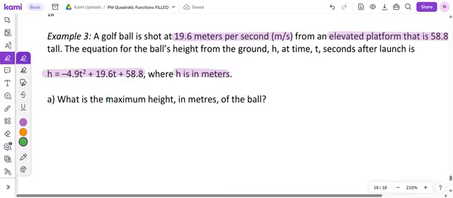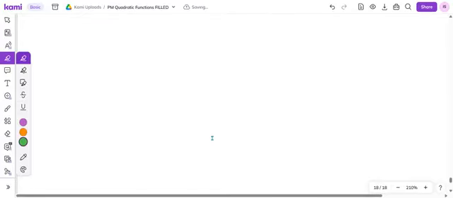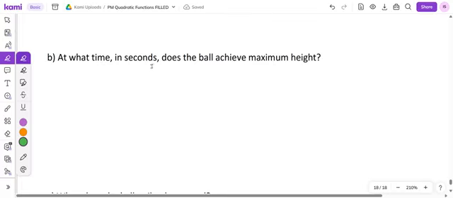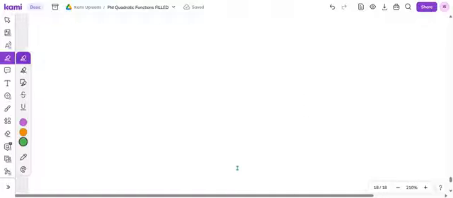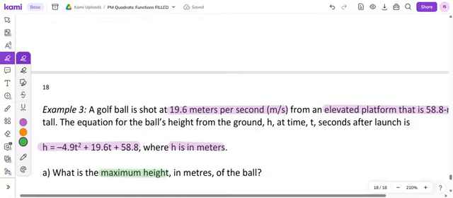Okay, what do I need to find? What else do I need to find? All right. So page 18.